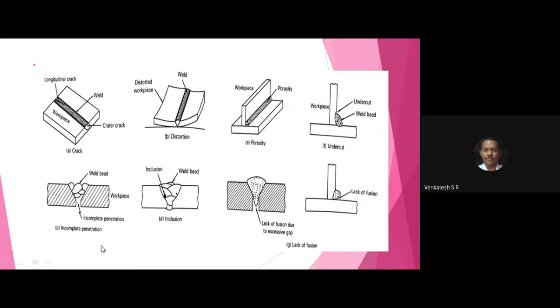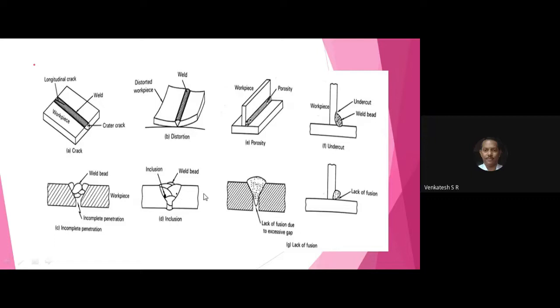Next, incomplete penetration. Incomplete penetration is due to cooling of the joint slowly or fast. Due to that, there may be incomplete penetration of filler metal in the joint that leads to a defect called incomplete penetration.